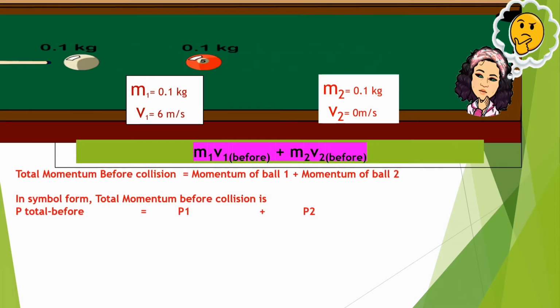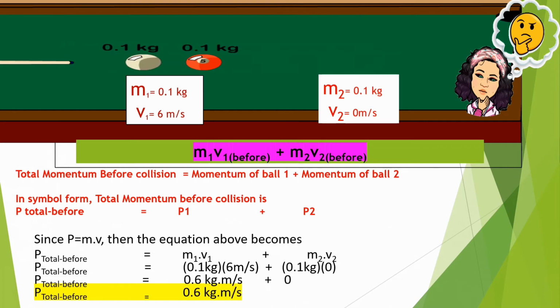Then, remember that the total momentum before collision is equal to the momentum of the first ball plus the momentum of the second ball. In symbol form, the total momentum before collision is P1 plus P2, or momentum 1 plus momentum 2. Since momentum is equal to mass times velocity, then the equation above becomes momentum before is equal to mass multiplied by its velocity.